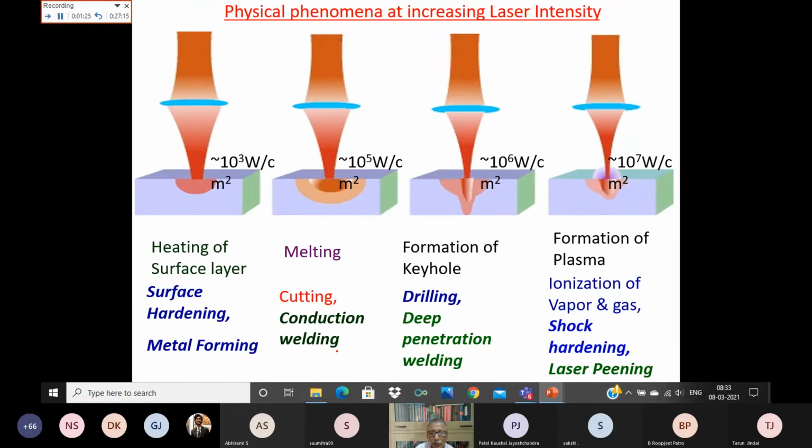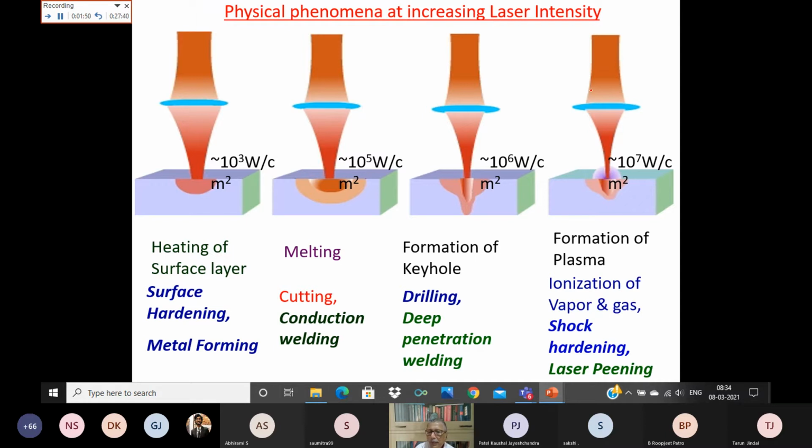Okay, so we can do the welding and cutting of metal sheet at these power densities, that is around 10 to the power 5, that is 100 kilowatt or more. So 100 to 1000 kilowatt per centimeter square is used for cutting and conduction mode of welding. So here no vapor is forming, only the melting is taking place.